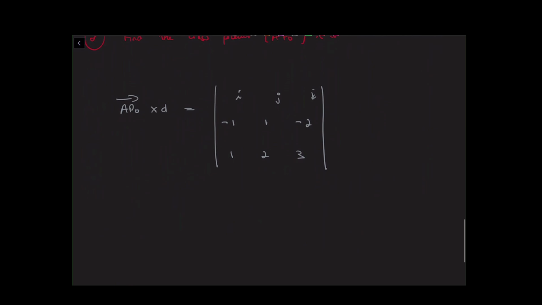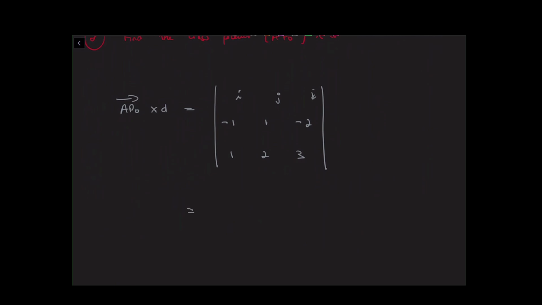So let's expand along the top row. I'll have i times 3 by 1, which is 3, minus -4, because that's 2 by -2.